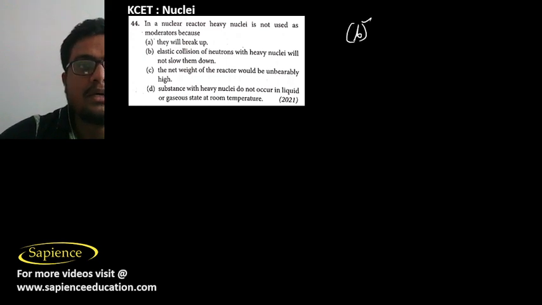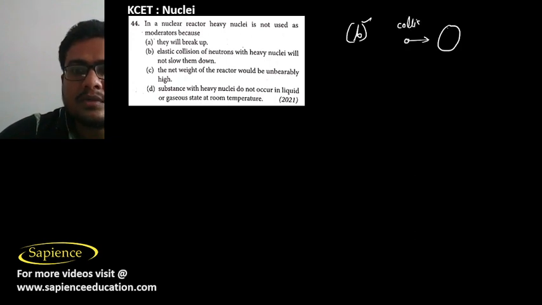It means the elastic collision of neutrons with heavy nuclei will not slow them. When the substance with which the neutron is undergoing collision is heavy, then its speed after collision will not decrease appreciably.